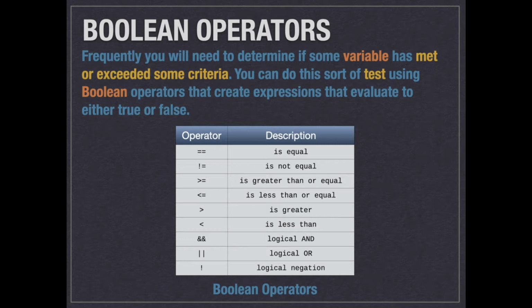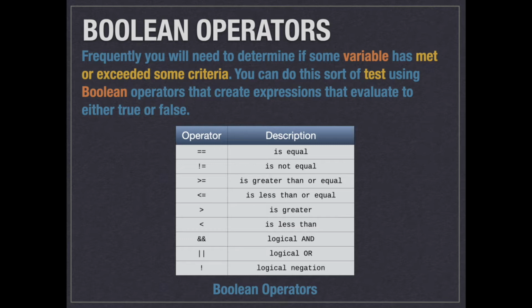The next step in programming is to use logic to control which statements get executed. And we do that using logical conditions, and those are composed of logical values, trues and falses, and Boolean operators, which are listed here in the table.